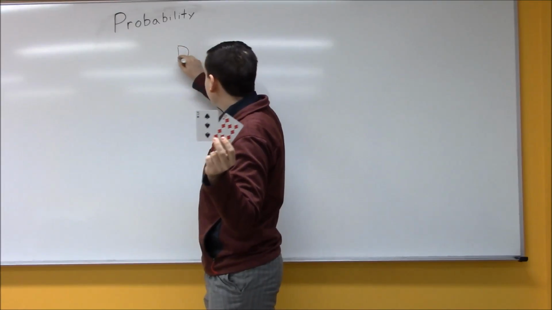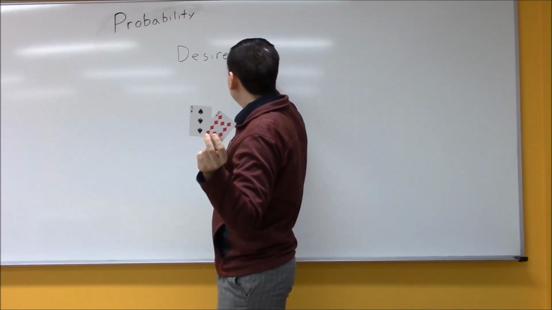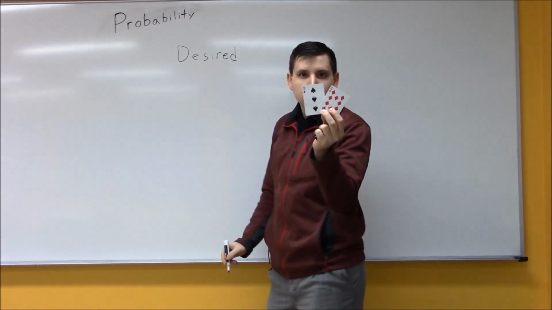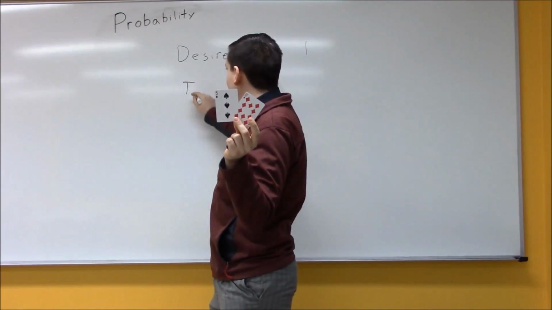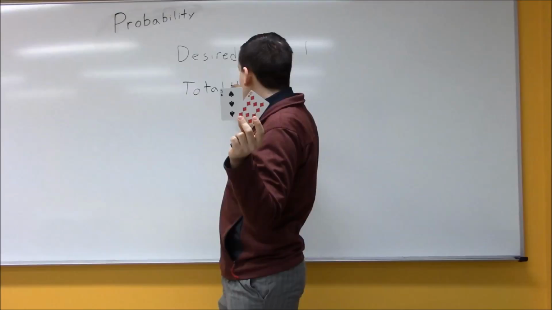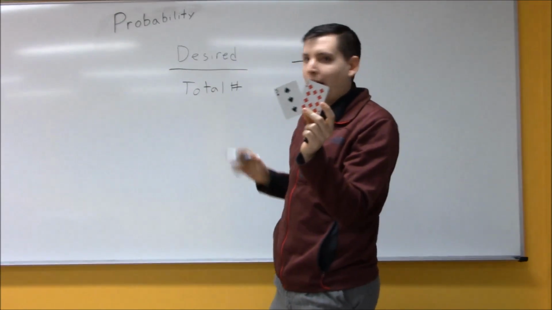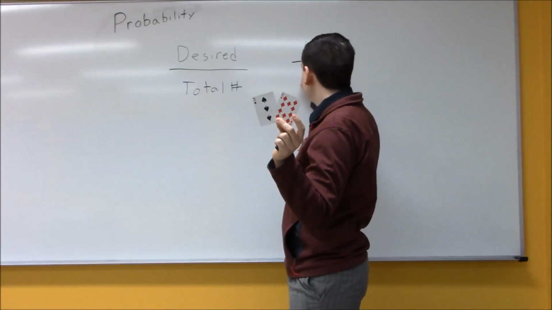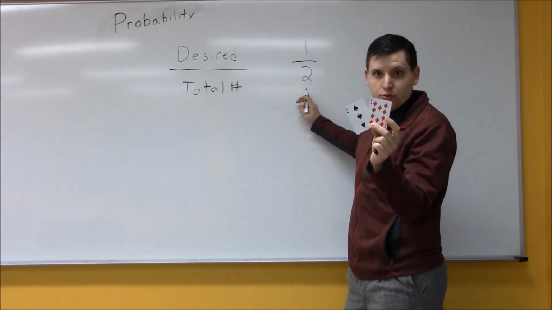So our desired outcome is our numerator, which in this case would be 1. The total number of outcomes would be our denominator, which in this case we have two possible outcomes. So the fraction that we set up is 1/2.